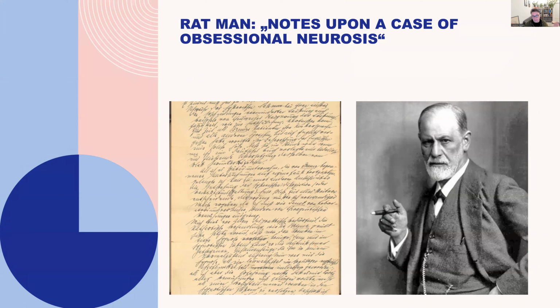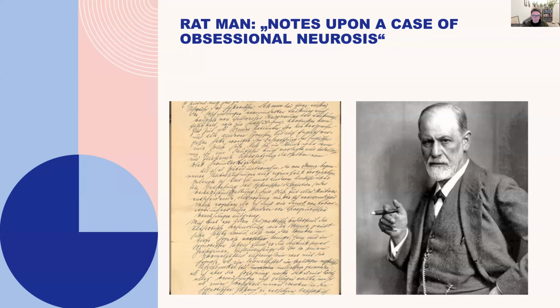OCD, although not under that name, was studied before Freud, but our contemporary understanding of OCD and the name OCD comes from Freud and his case report about what's famously known as the Rat Man, a patient that Freud worked with, and he got this rather absurd nickname because of a dream where rats figured as an important element.